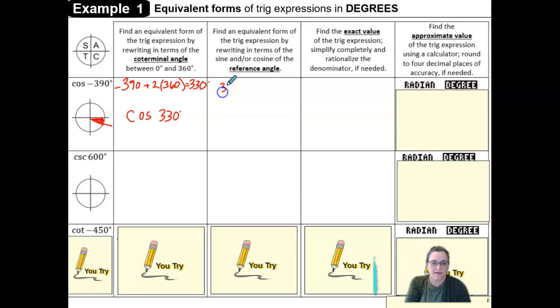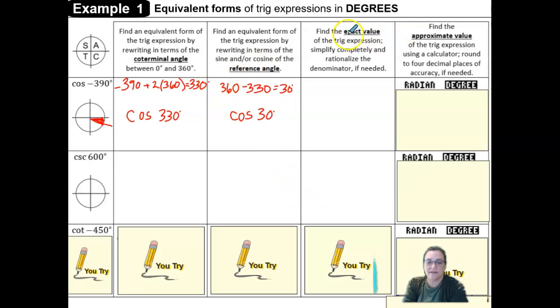So I would take 360 minus 330 to find the reference angle, which is 30 degrees. And if you recall, all students take calculus, cosine is positive in quadrant 4, which is where the terminal side of our angle lies. So our answer is going to be equivalent to the positive cosine of 30 degrees.